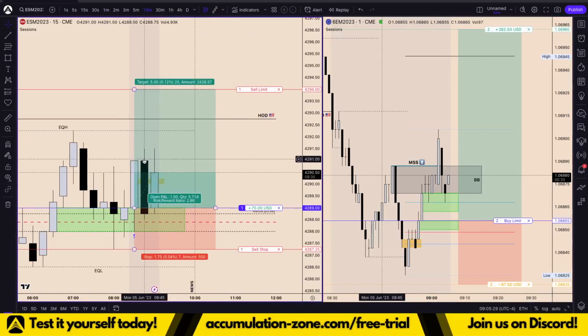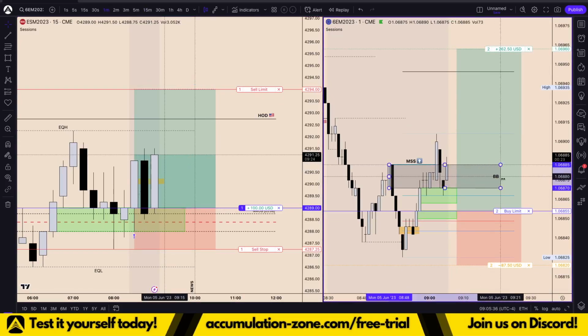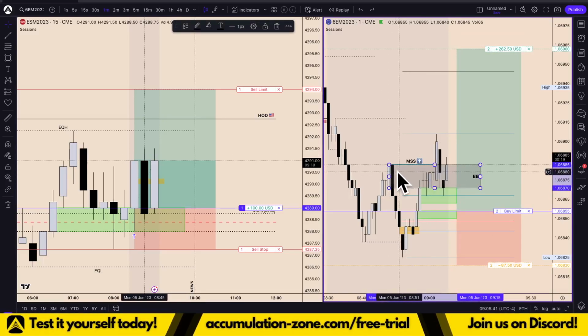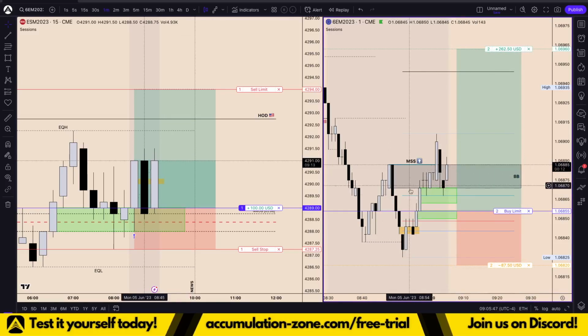Let's see if we can get, yeah, okay, we're pushing. So this is the breaker block. Right now we can see the bodies are respecting this breaker block. I'm not going to take an entry from the breaker block. I'm not as experienced on taking breaker block entries.